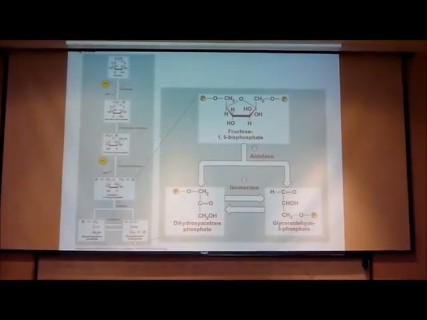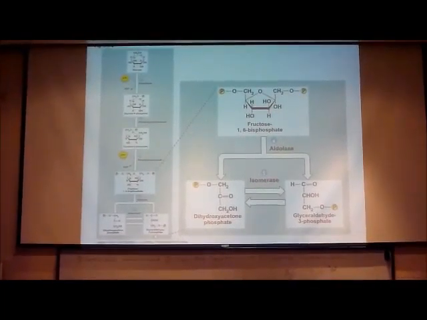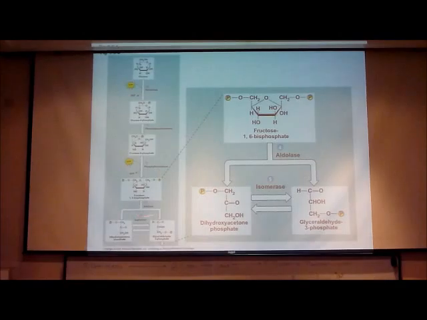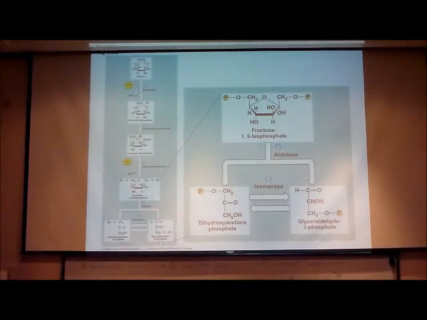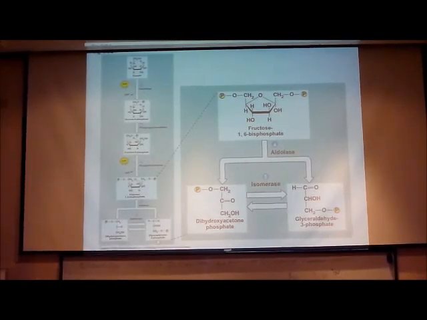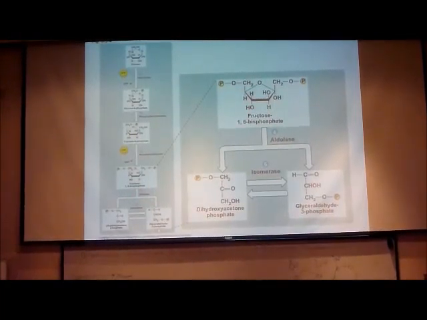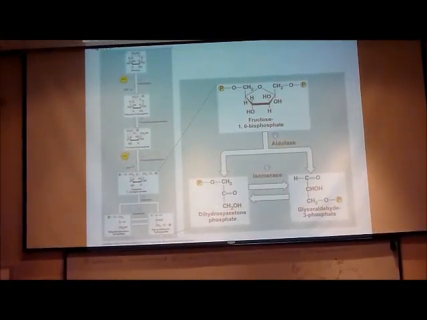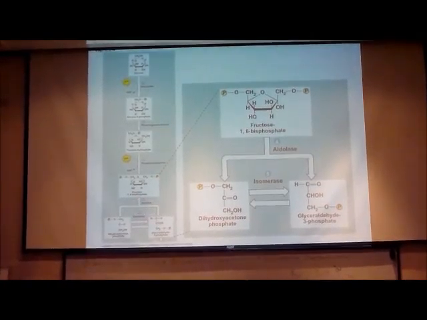Phosphofructokinase attaches another phosphate. We now have fructose 1,6-bisphosphate. And we have this particular enzyme, aldolase, that comes in and results in the cleavage of this fructose 1,6-bisphosphate. Remember, there were ketoses and aldoses we learned about at the very beginning when we were talking about carbon structures.